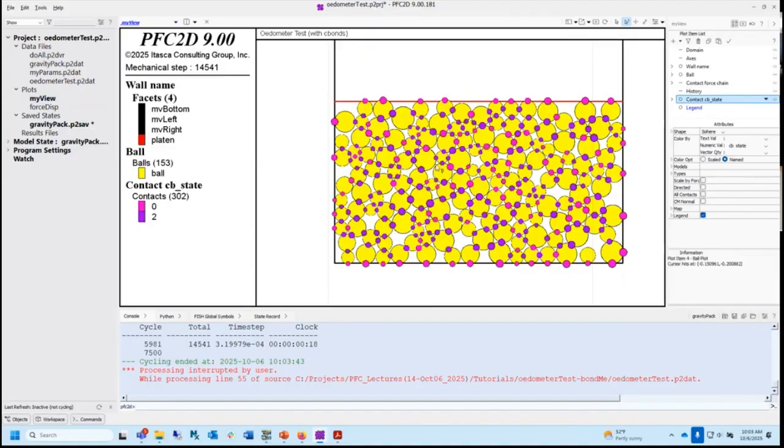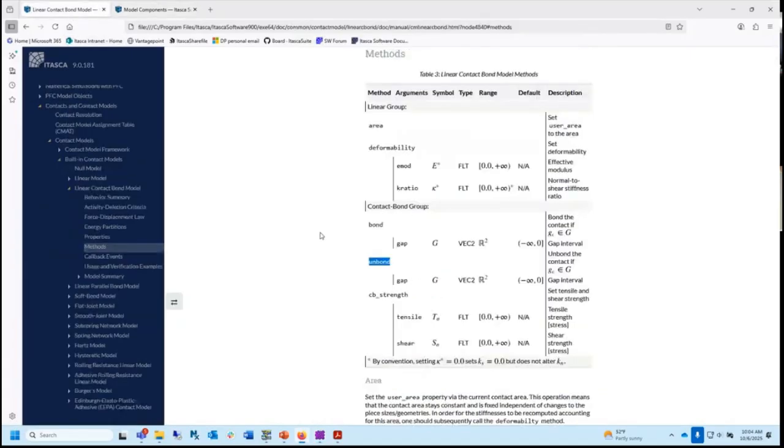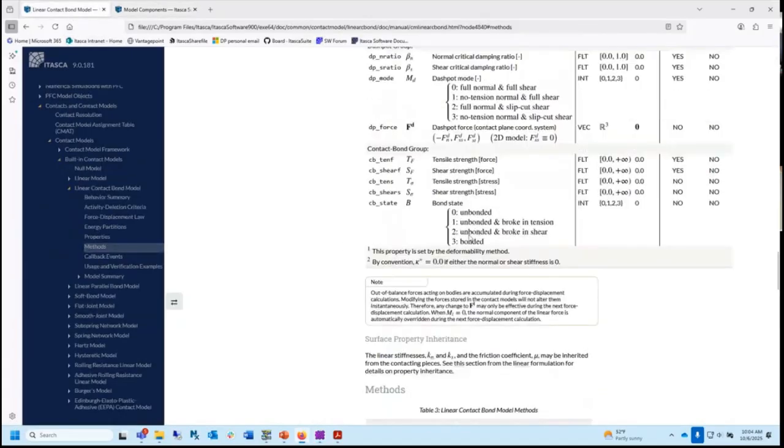State was, a whole bunch of them are now in a different state. Let's see if we can understand this. This is important. It's interesting. So state 0 means they're unbonded. And state 2 means unbonded and broke in shear.